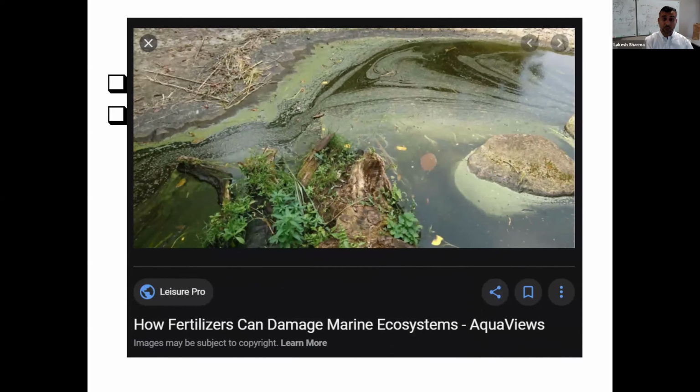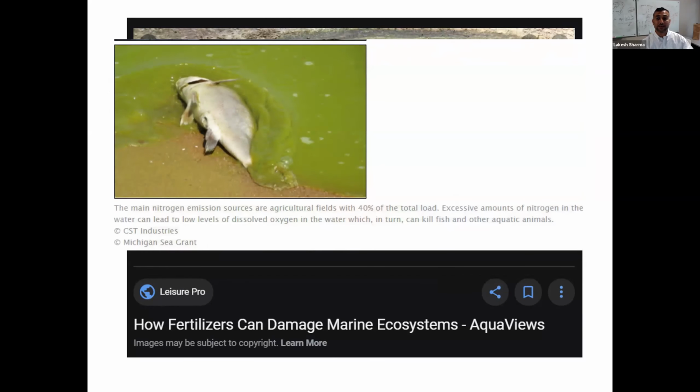If we apply more than what is required by the crop, this is probably the situation. You will have seen some of these pictures in many presentations across Florida and around the world. This is a very common process that happens after nitrogen and phosphorus leave the farms and get into local water bodies, called eutrophication. It takes up all the oxygen and makes the water oxygen deficient, which leads to dead fish.